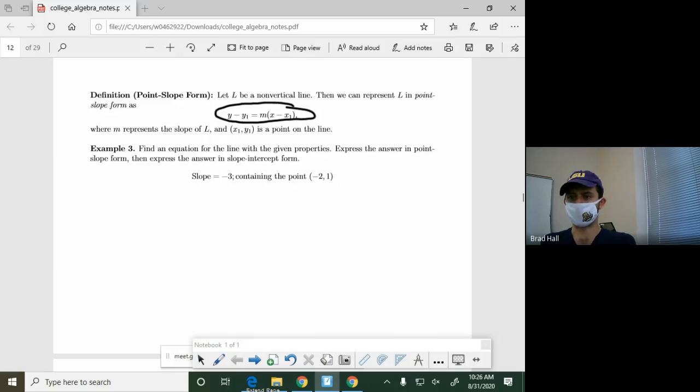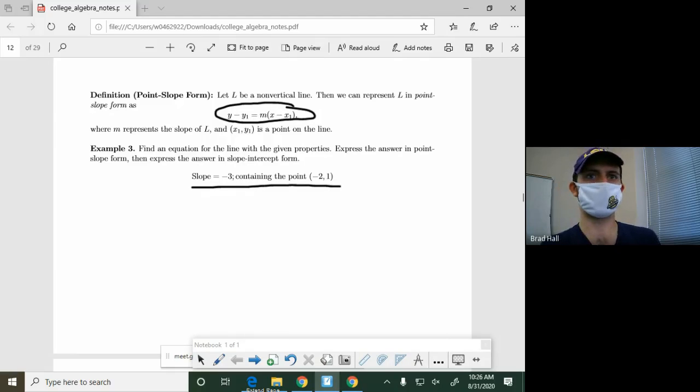Example 3 gives us a slope and a point, which means we can use point slope form.